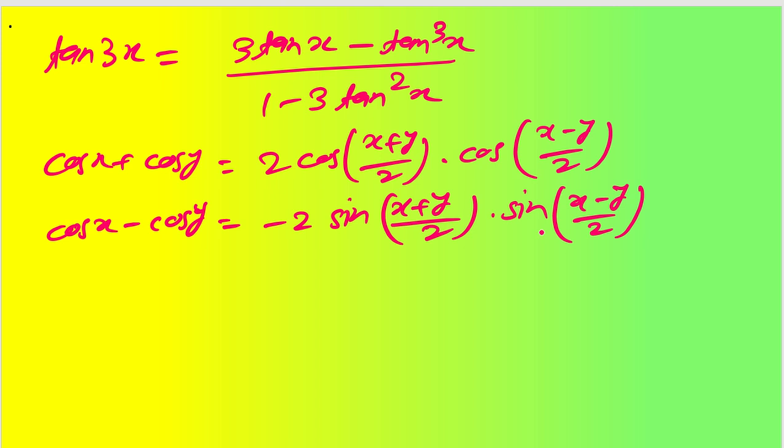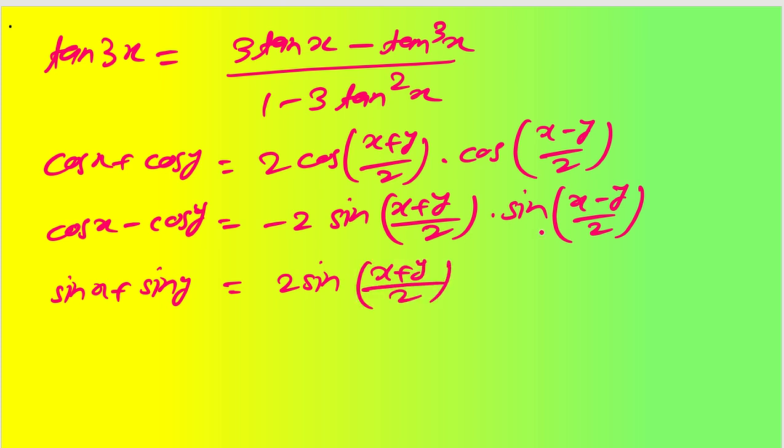Now similar to this we will have sin x plus sin y. So sin x plus sin y is going to be equal to 2 times sine of x plus y by 2 into, here there will be a composite of sine and cos, so 2 times sine x plus y by 2 into cos of x minus y by 2.